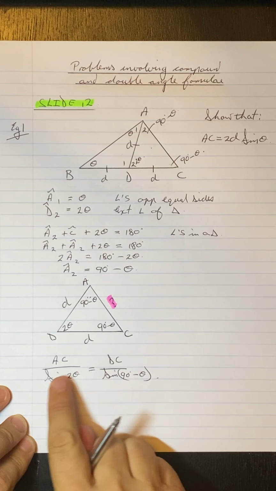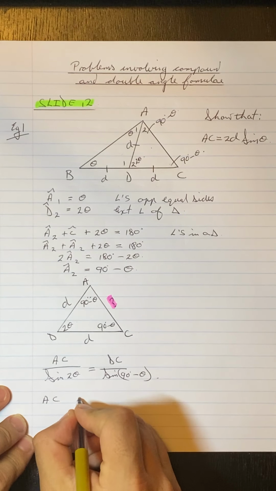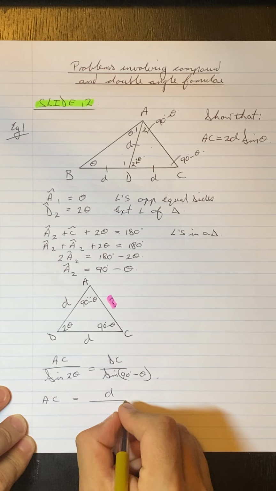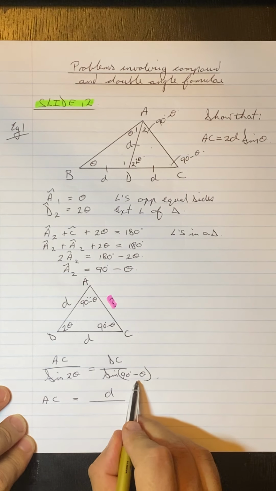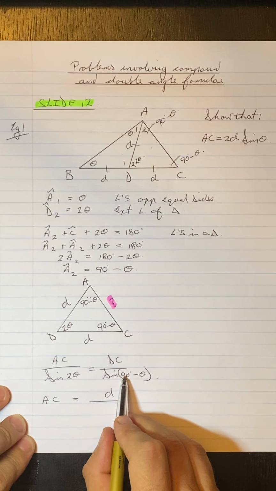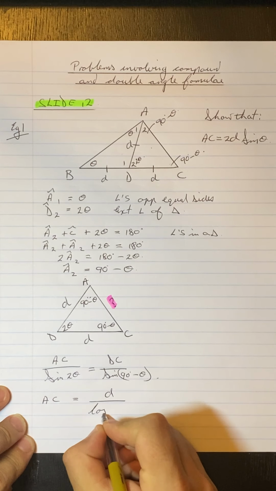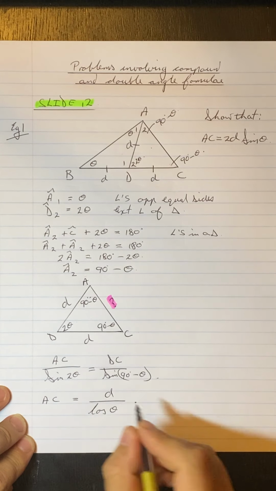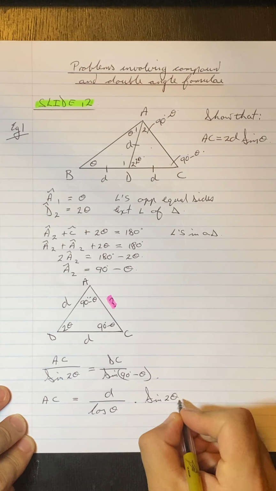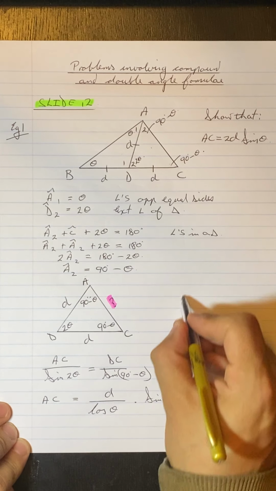I'm just going to fill in my missing things here and get the AC on its own. So we'll get AC is equal to DC, which is D. 90 minus theta is in the first quadrant, but because we've got 90, we have to use cofunction, so your sine will change to cos, multiplied by sine 2 theta. I'm just going to continue up here.